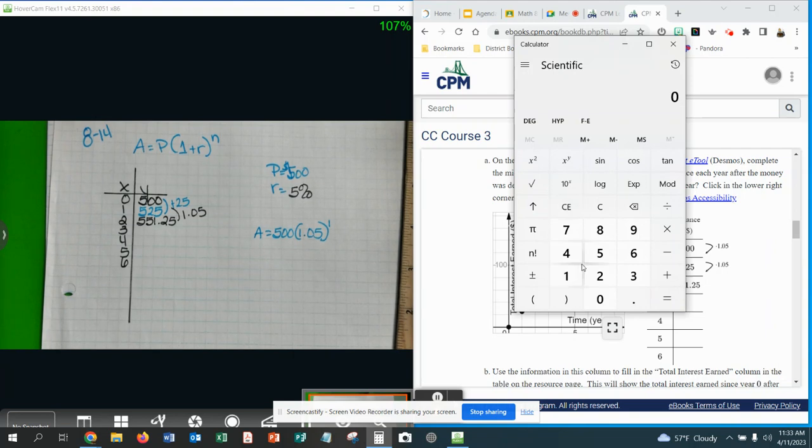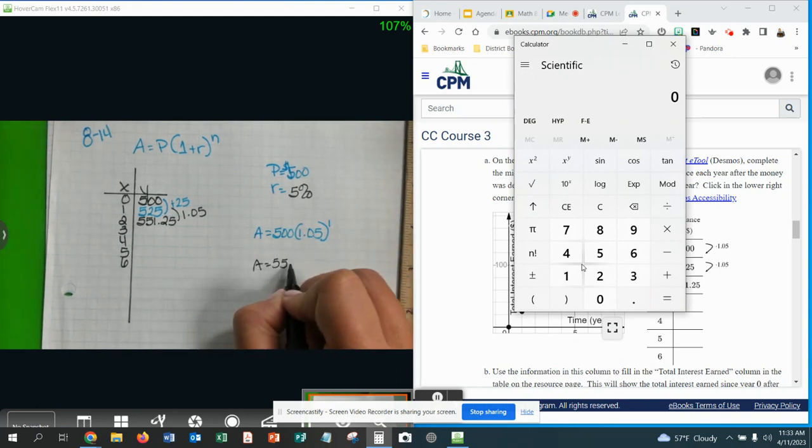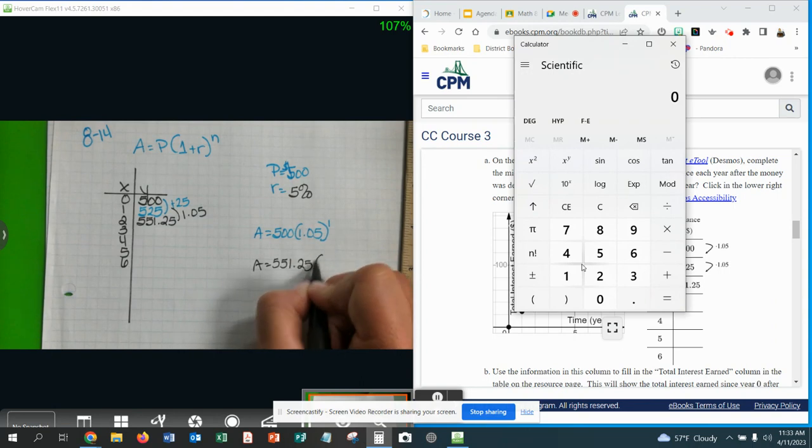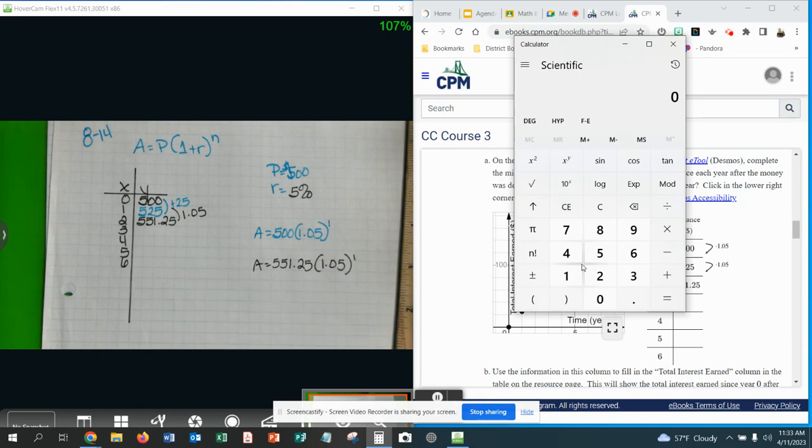Okay, so everybody plug in the third year for me. I want to see that you have A equals 551.25 times 1.05, 1. And then I want you to tell me the answer. I'm going to plug mine in, but I'm not going to press the button yet.